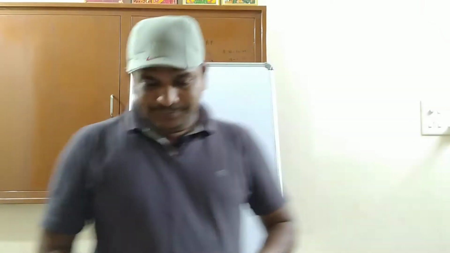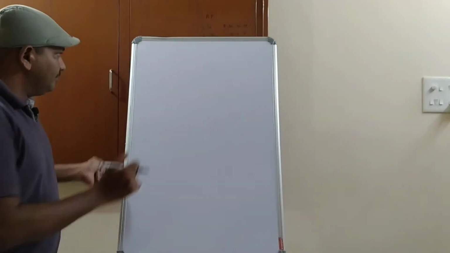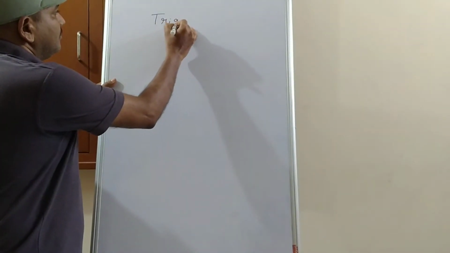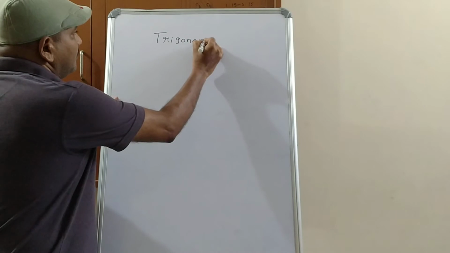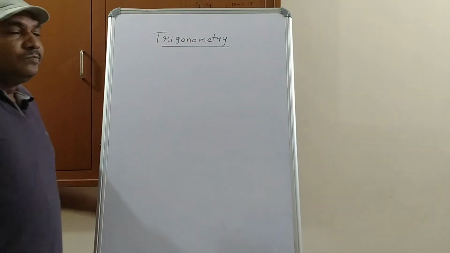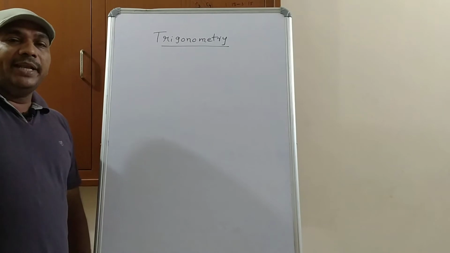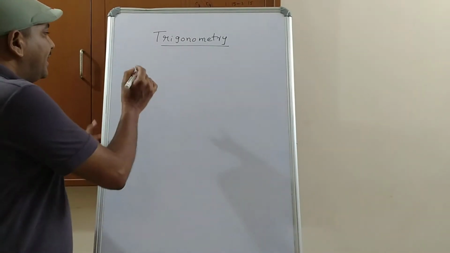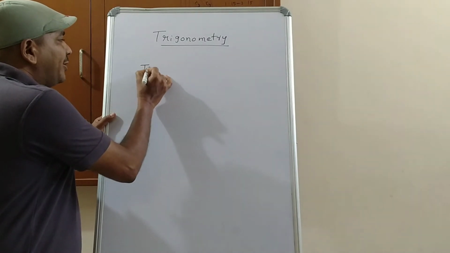In this session, I am going to explain trigonometry. Trigonometry is derived from two Greek words, trigonon and metron.